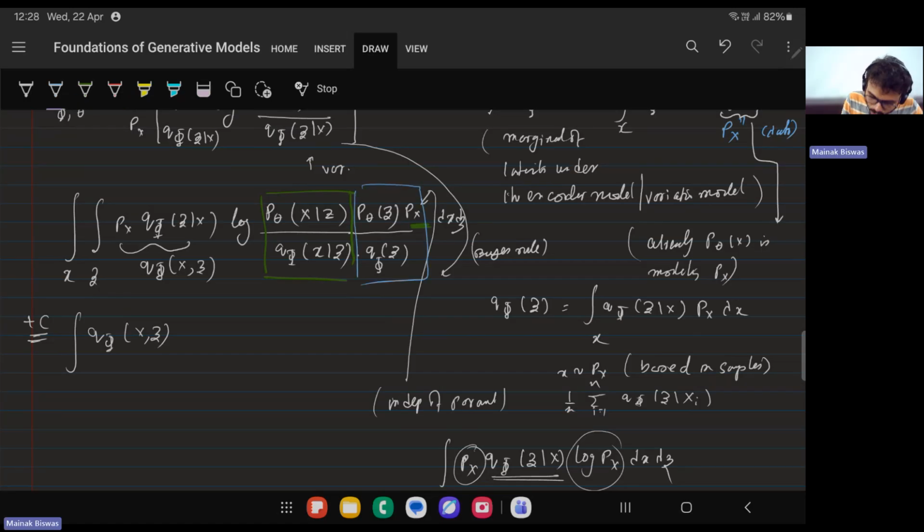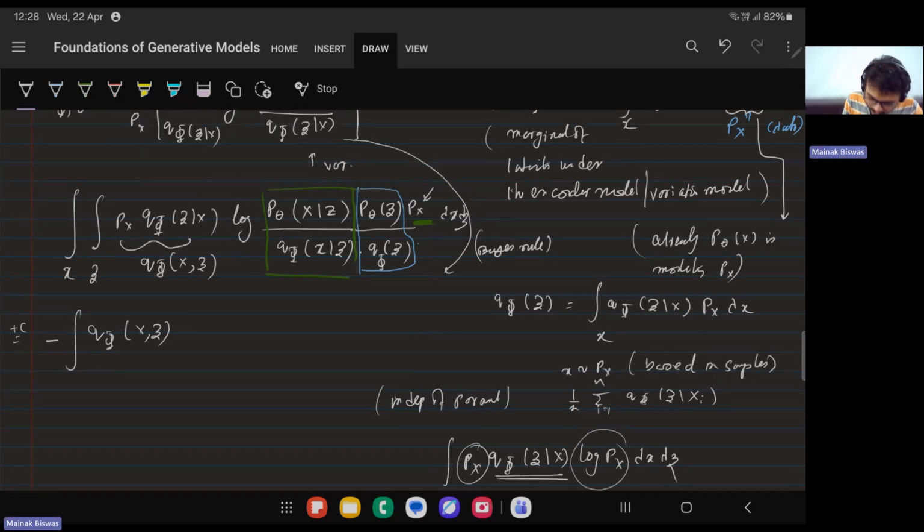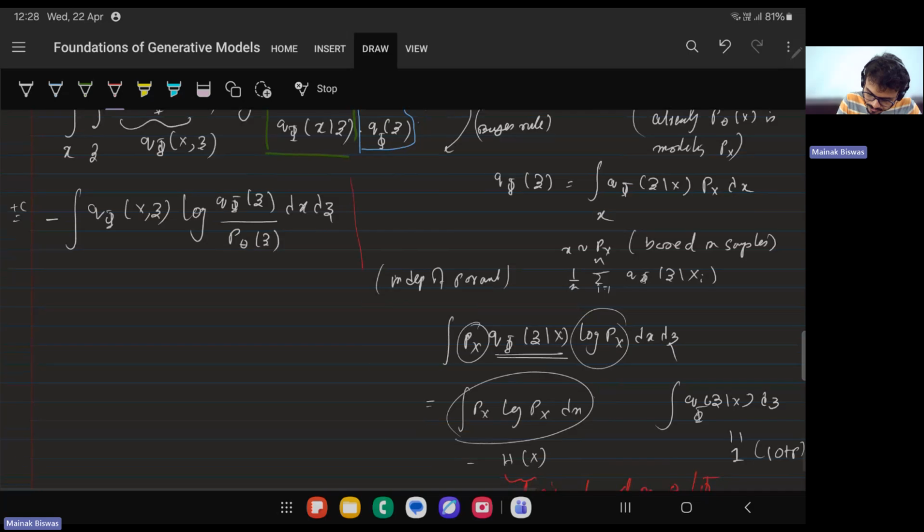Right, so the first blue box over here, I can write it in the form of minus, I will just invert whatever I have, log q phi of z over p theta of z, dx dz. Right, I'll separate the derivation from the notes.